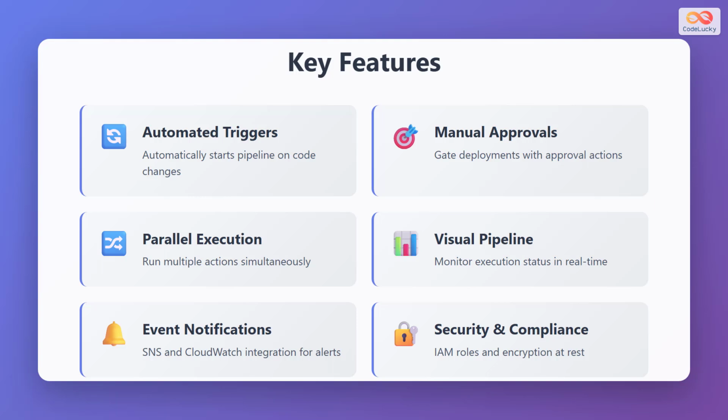The visual pipeline interface provides real-time monitoring of execution status, making it easy to track progress and identify issues. Event notifications integrate with Simple Notification Service and CloudWatch to send alerts about pipeline events. Finally, security and compliance features include IAM role integration and encryption at rest, ensuring your pipeline meets enterprise security requirements.